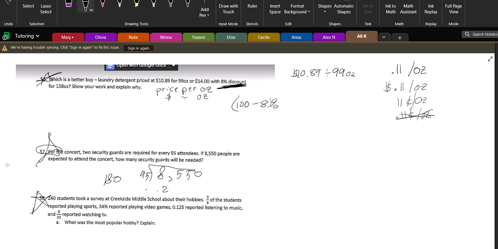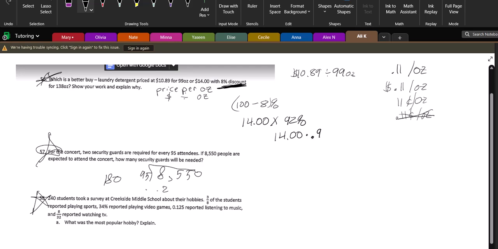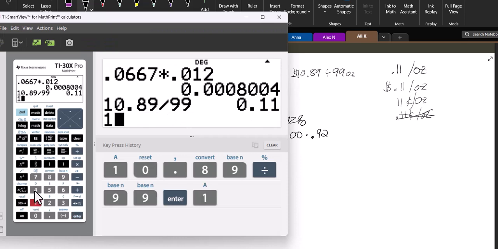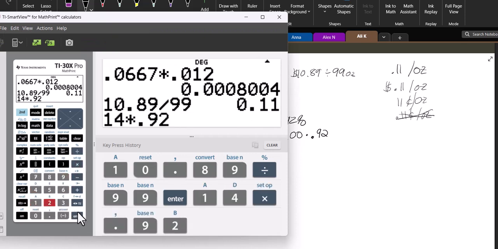So I'm going to take my 14.00 times 92%, or 14.00 times 0.92, which is the same as 92 over 100, and that gets me $12.88.